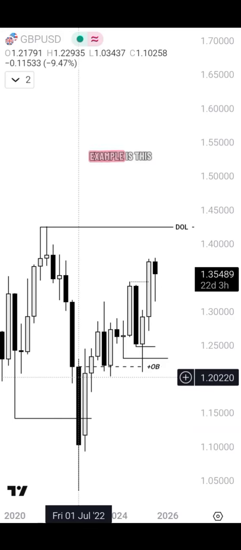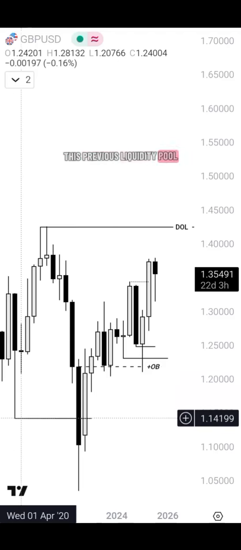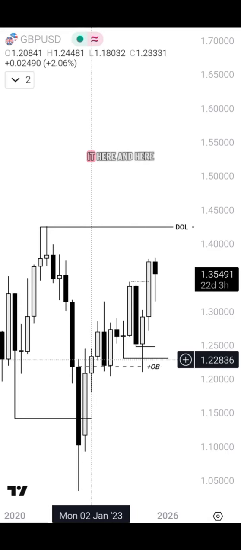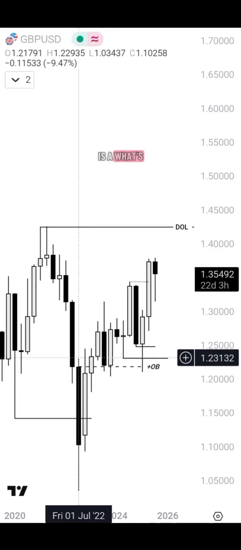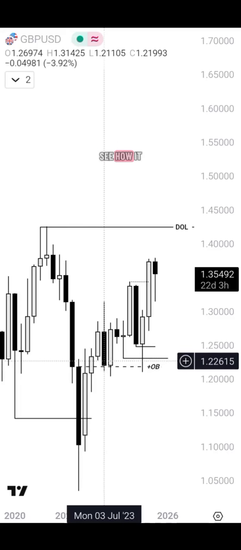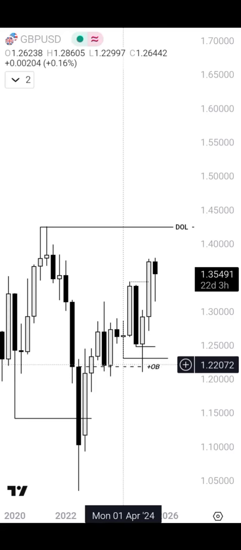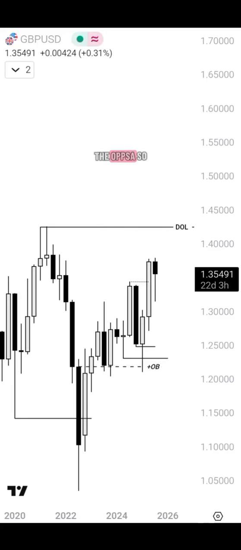A good example is this down close candle here that stabbed into this previous liquidity pool, and we aggressively closed above it here and here. So automatically this is a bullish order block, and you can see how it has been offering support, acting as a support here, to the upside.